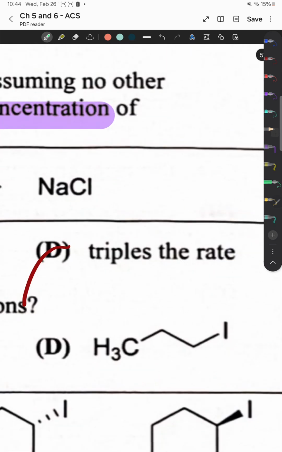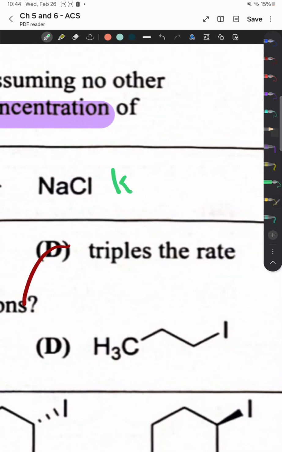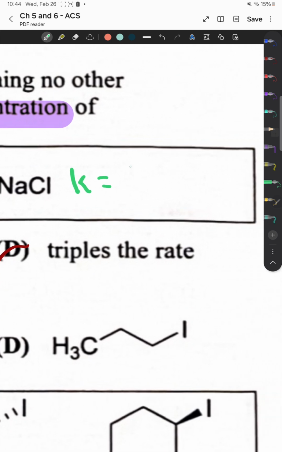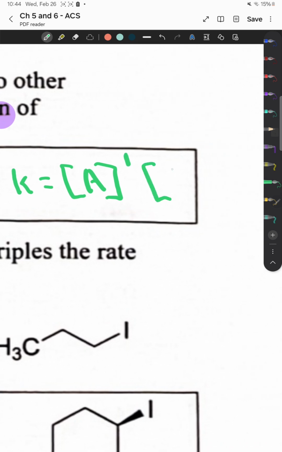Now, if you remember, the rate order of an SN1 reaction is the concentration of the substrate to the power of 1, but the concentration of the base does not affect it.